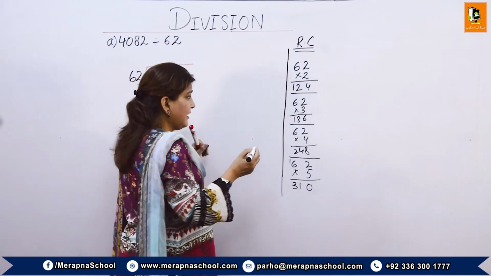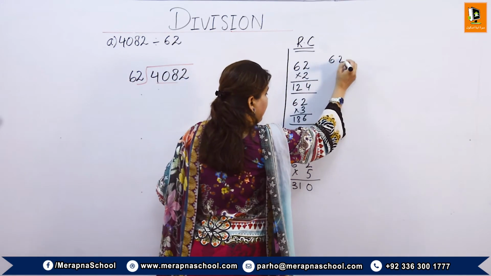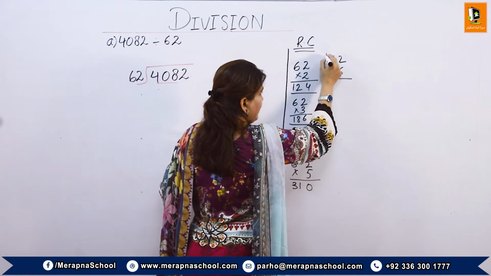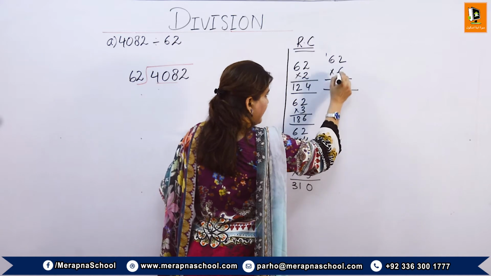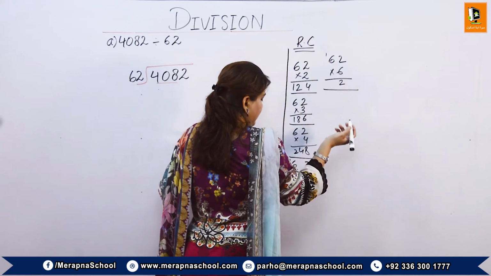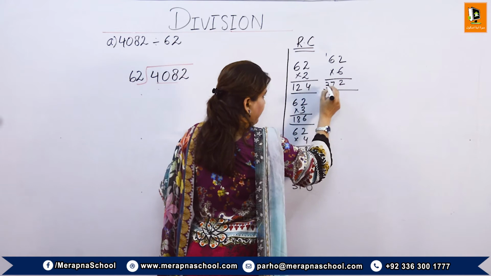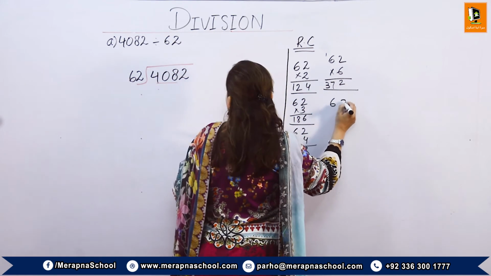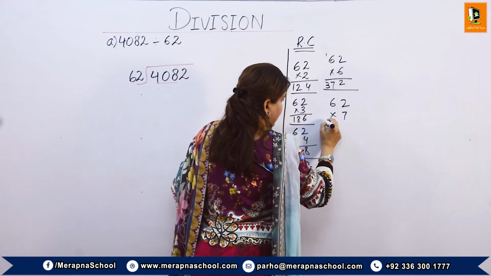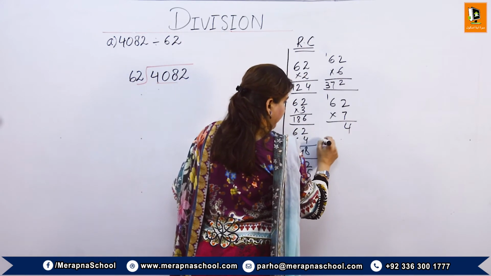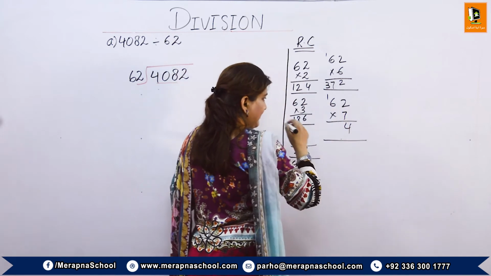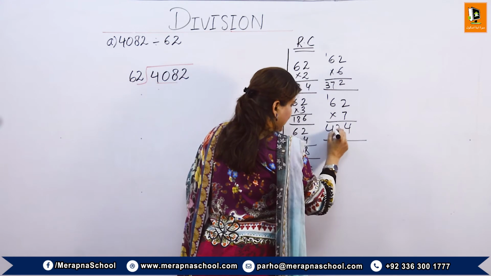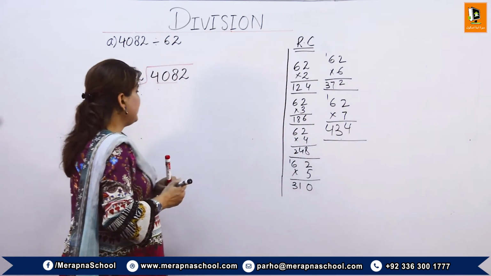Now let us see 62 multiplied by 6. 2 sixes are 12, 6 sixes are 36, 37. Now 62 sevens: 7 twos are 14, 7 sixes are 42 plus 1, 43, so 434.